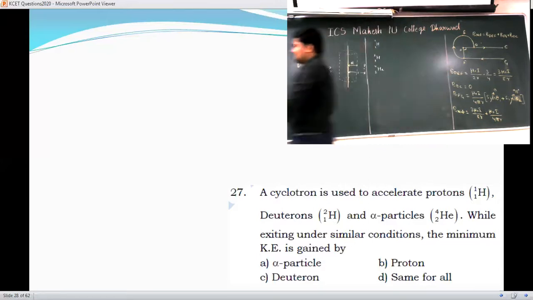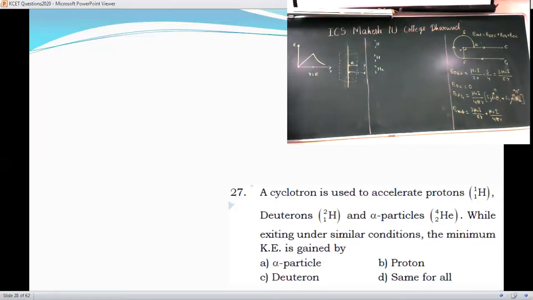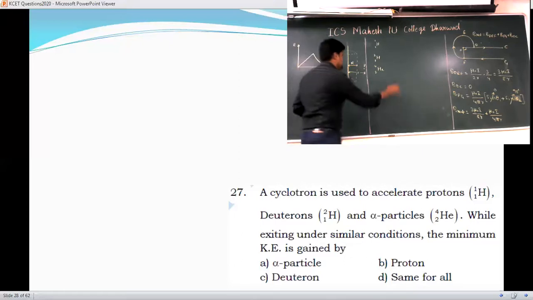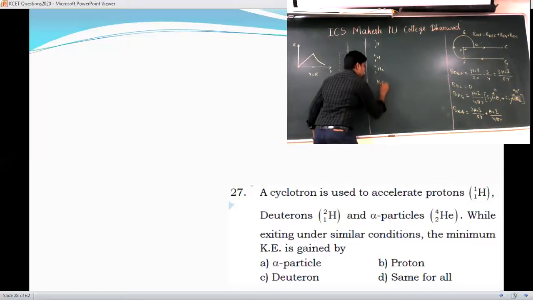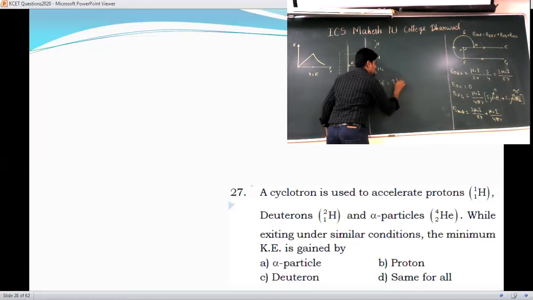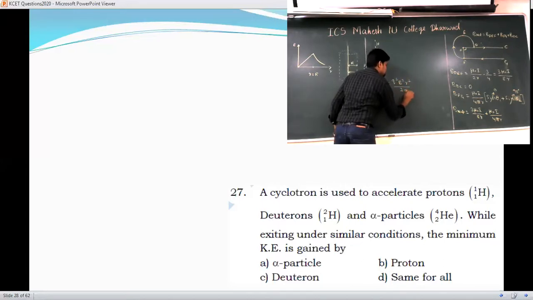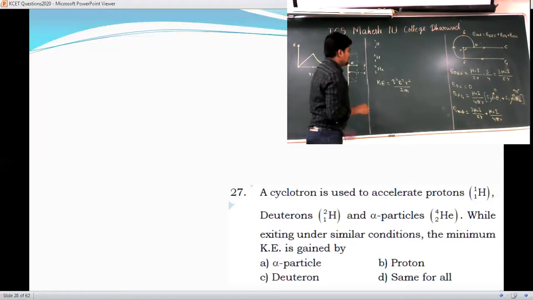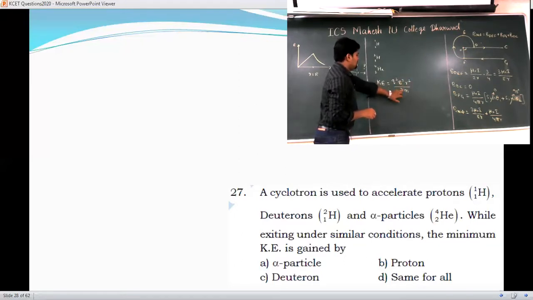Now what is the formula for kinetic energy? Kinetic energy is equal to Q square B square R square by 2m. Here Q, that is charge, is variable, and B square, the magnetic field, is the same, and R is the same, so both are constant.